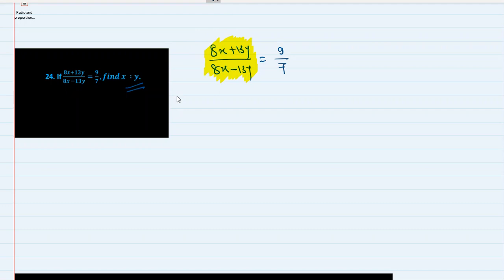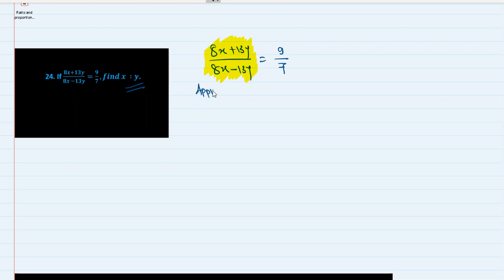The property which we studied just now, which looks just like this, is componendo dividendo. And it is a fact that any ratio which is already looking like a componendo dividendo pattern, if you apply componendo dividendo on it, it will get simplified. Okay, so let's try that.